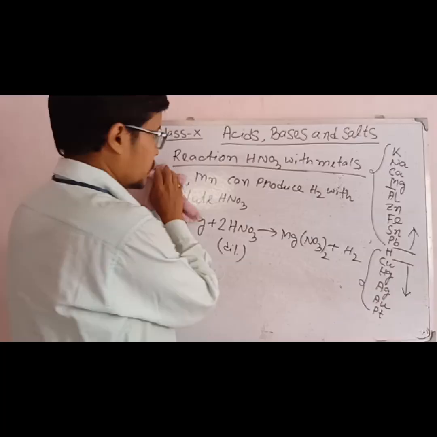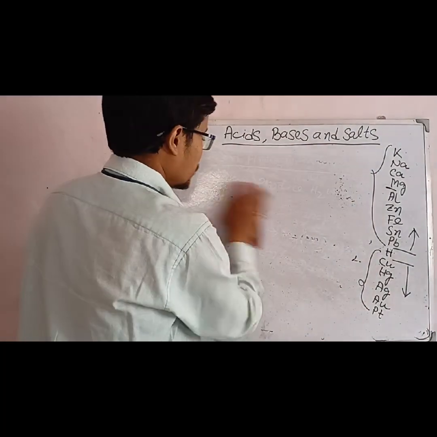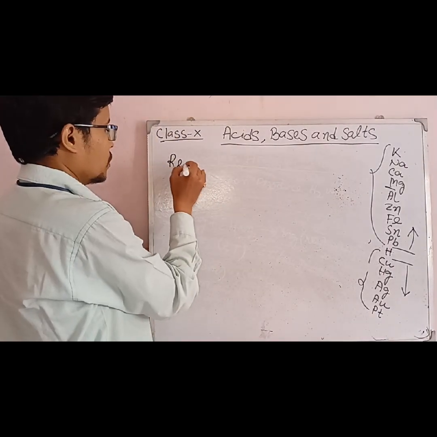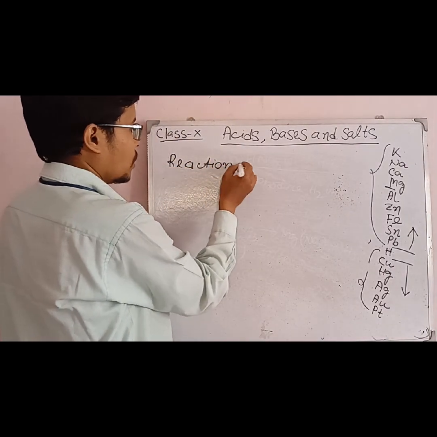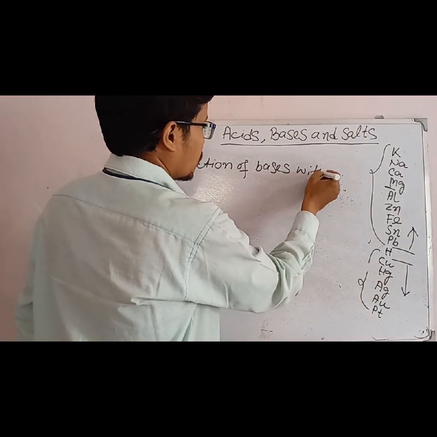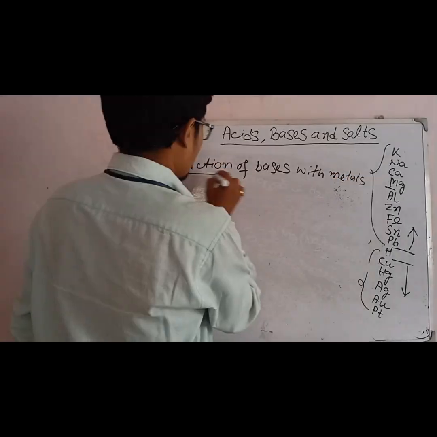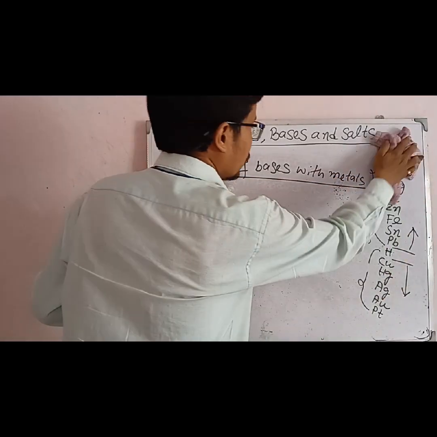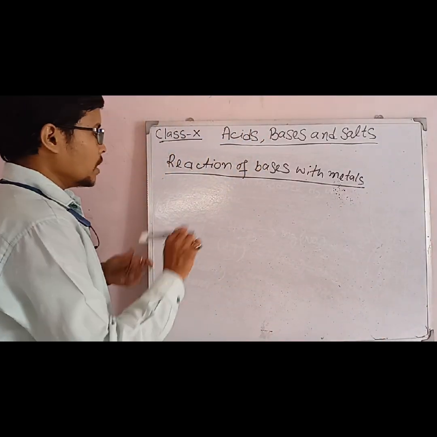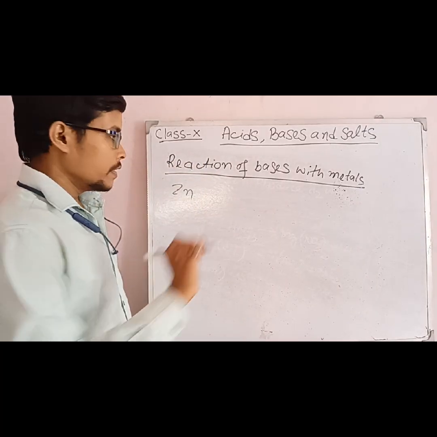So now we'll discuss the reaction of bases with metals. Only a few metals like zinc, aluminium, tin, etc. can produce hydrogen.